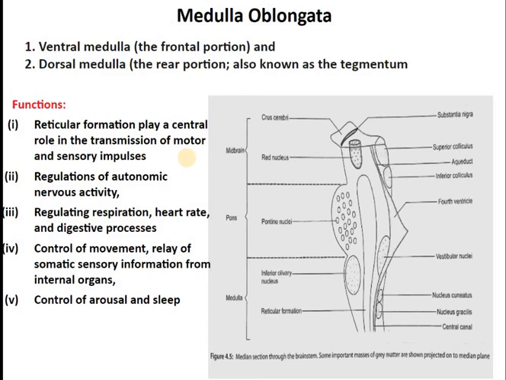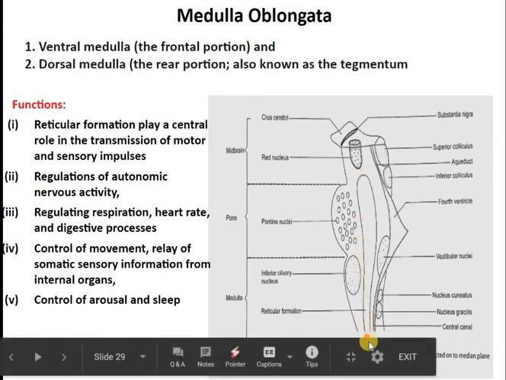And the medulla oblongata remains connected with the next structure, that is the spinal cord. So whatever nerve fibers are coming from the other parts of the brain, as well as from the midbrain and pons, they pass through the medulla oblongata up to the spinal cord.